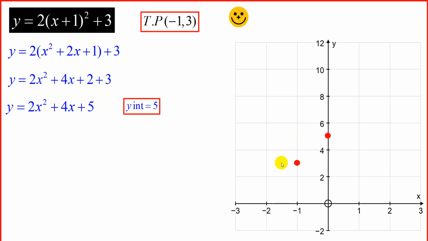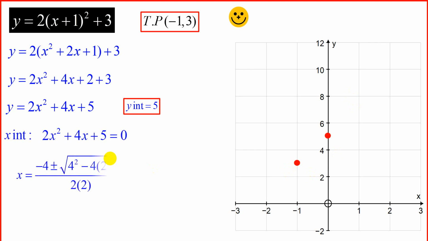The x-intercepts, remember I said that we don't have x-intercepts. But just to confirm that algebraically, we can equate that to 0. We can use the formula minus b, the value of b is 4, plus or minus the square root of b squared, b is 4 squared, minus 4ac, which is 4 times 2 for your value of a, and c is 5, all over 2a, which is 2 into the value of a, which is 2.